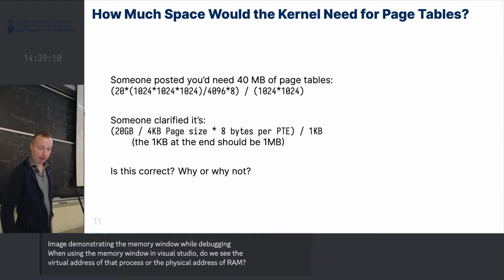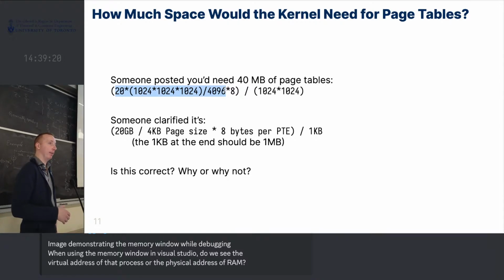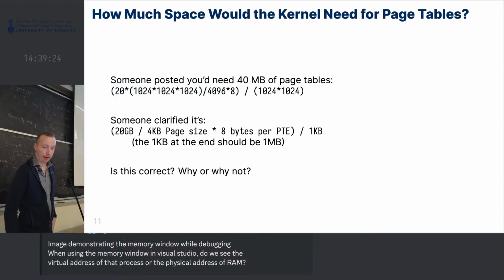So in this case, for 20 gigs of space, we take 20 gigs and divide it by the page size, so that is how many virtual pages I would need for 20 gigabytes, and then each of those virtual page numbers needs a page table entry, so they just multiplied it by 8, and then divided by 1024 times 1024, which is just a megabyte.